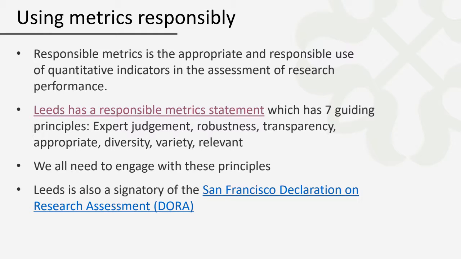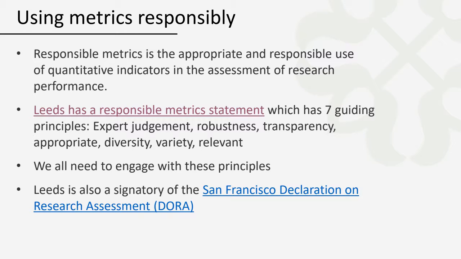It can indicate the reach of the author, but in terms of promotion and things like that, there are various principles that we need to make sure that we're balancing judgments like that with actual evidence, and we use peer review as well as just the quantitative.